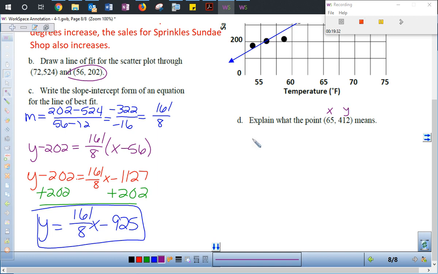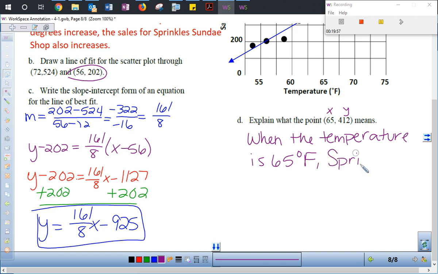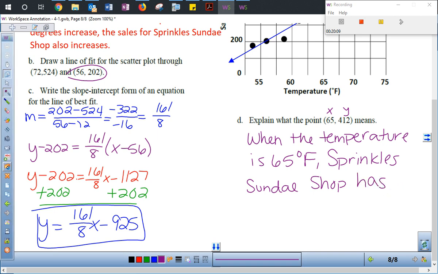So this means when the temperature is 65 degrees Fahrenheit, Sprinkles Sundae shop had, oh, not has, had, 412 dollars in sales.